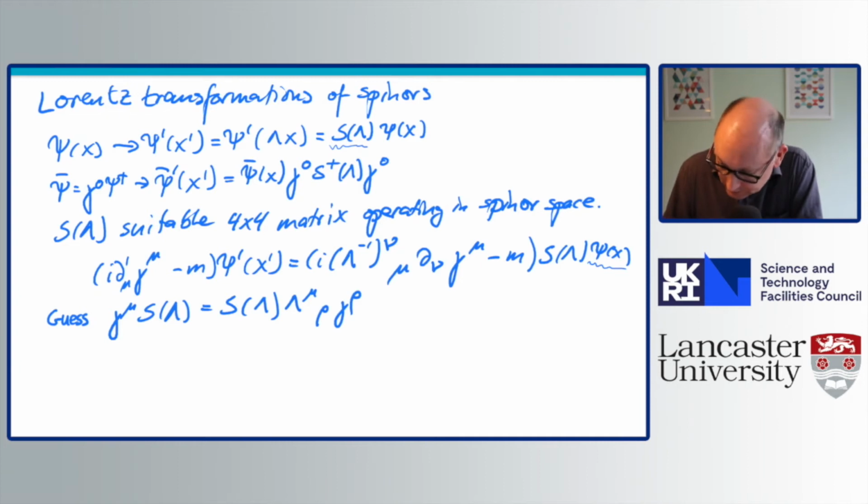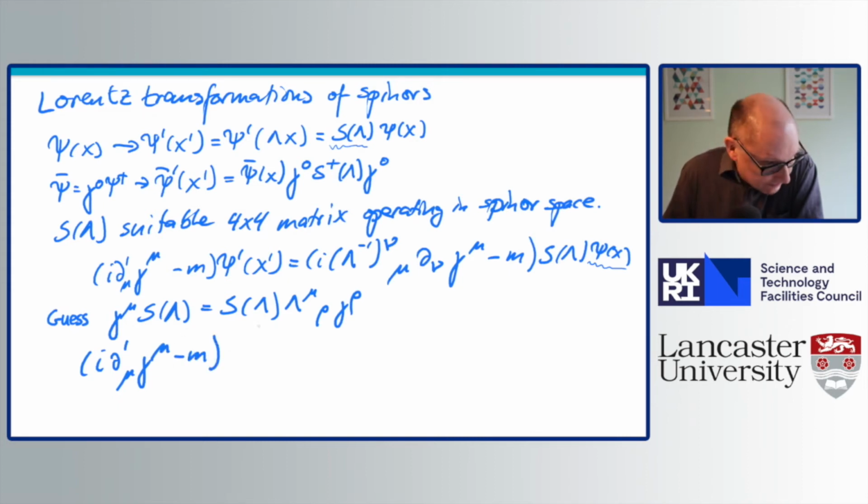This gives us that i d prime mu gamma mu minus m on psi prime of x prime is equal to, we have the equation up here, and we use the gamma mu and the S, which we write instead as S capital lambda mu rho gamma rho.